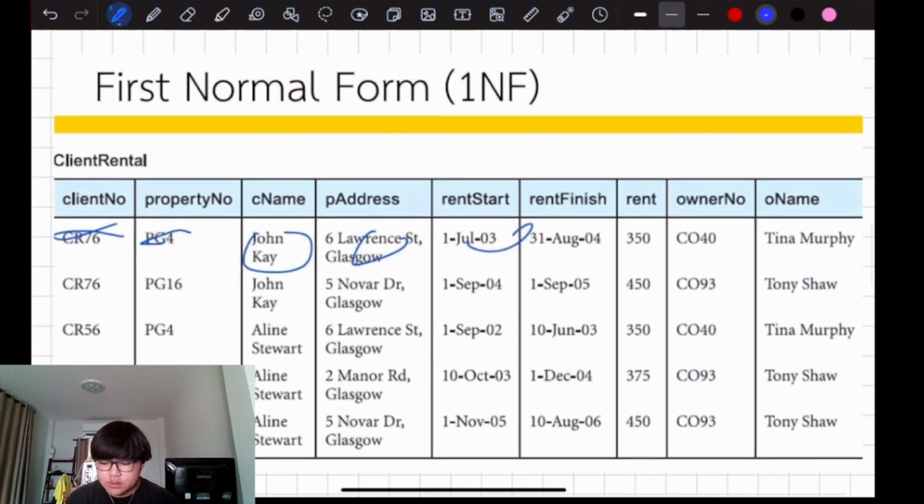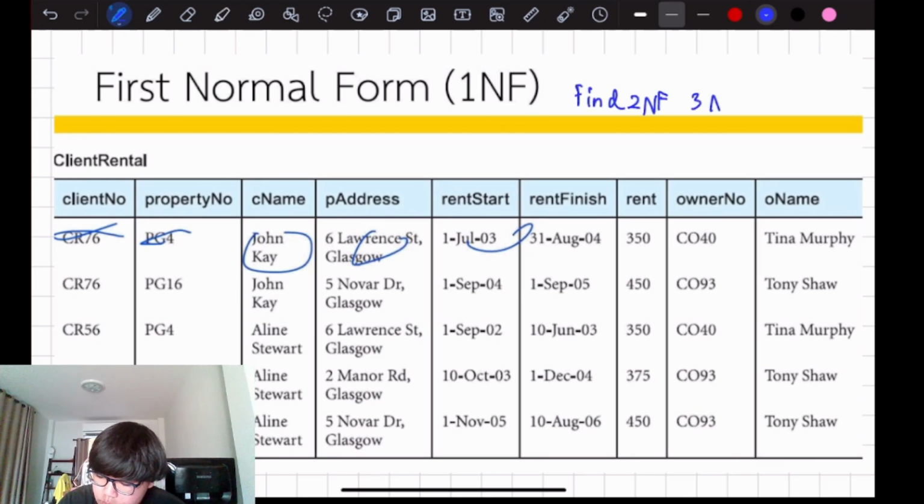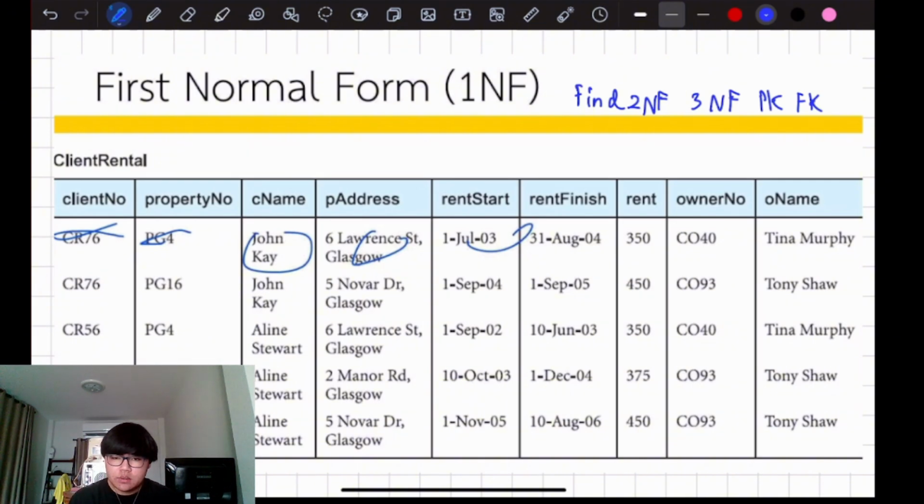So let's go to the first question. In this question, we need to find second normal form, third normal form, PK and FK, foreign key and primary key. For second normal form, we need to find a partial dependent, which is only part of the primary key. So first we need to find the primary key.